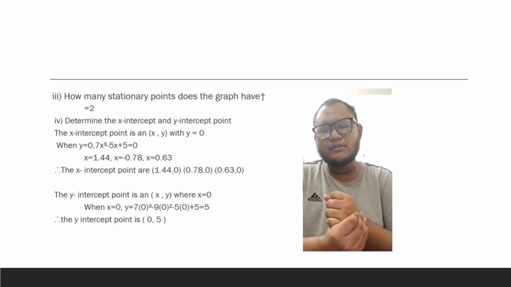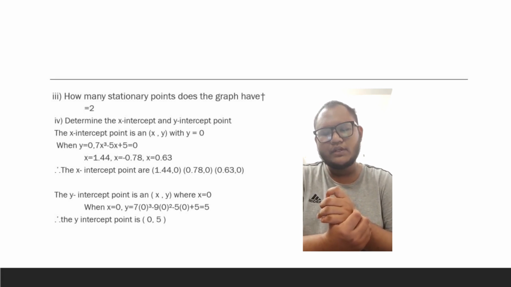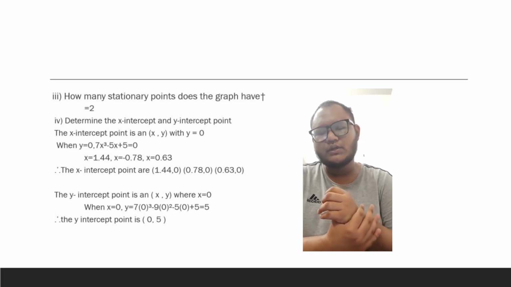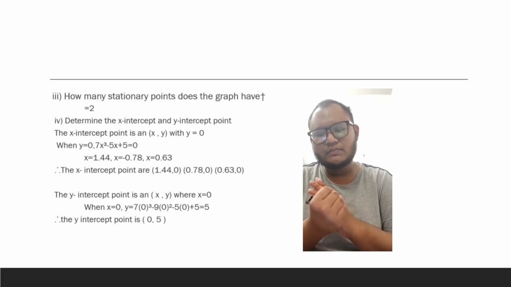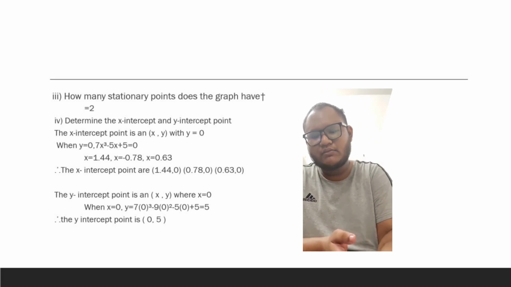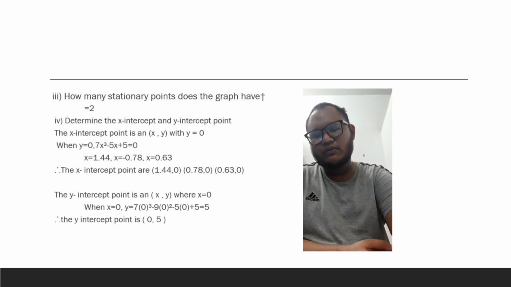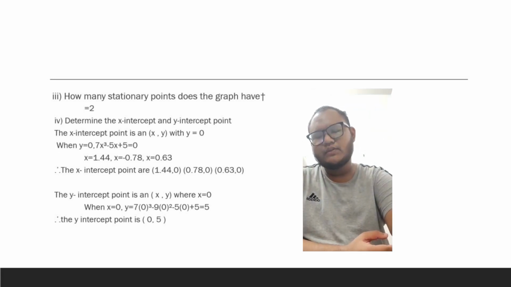Question 4, the first is determine the x-intercept and the y-intercept point. The x-intercept point is an x, y with y equals 0. When y equals 0, 7x power 3 minus 9x power 2 minus 5x plus 5 equals 0. x is equal 1.44, x equals 0.78 and x equals 0.63.